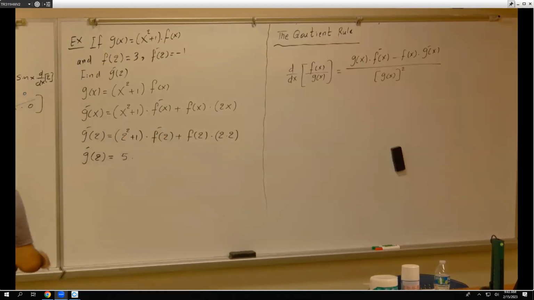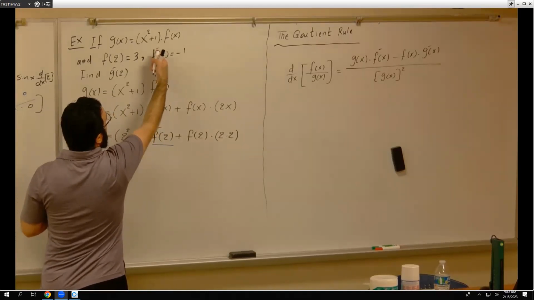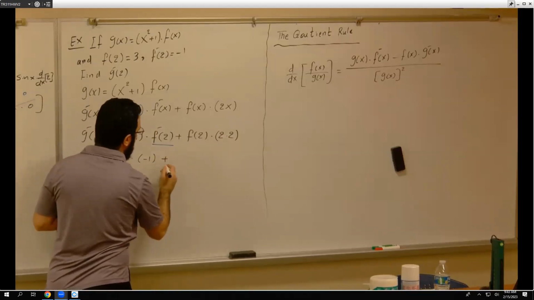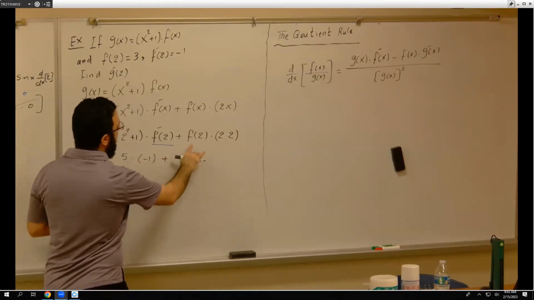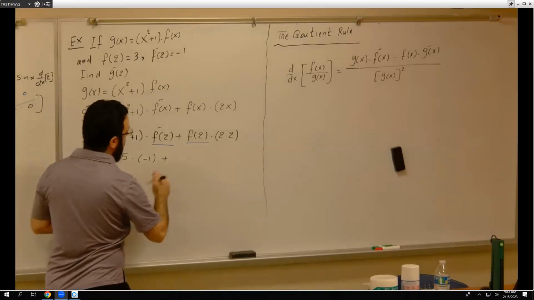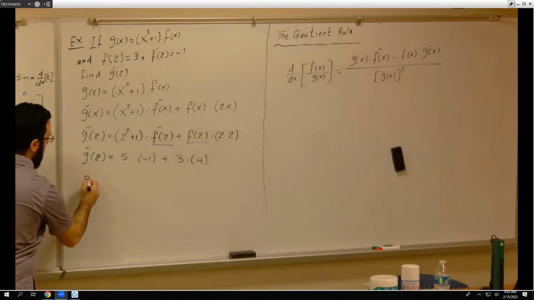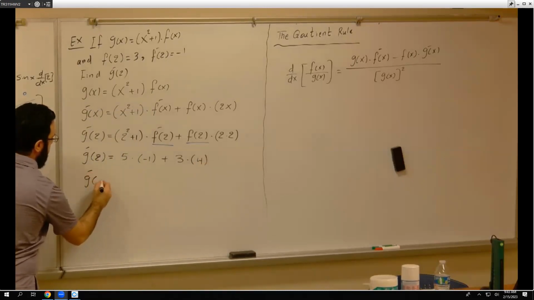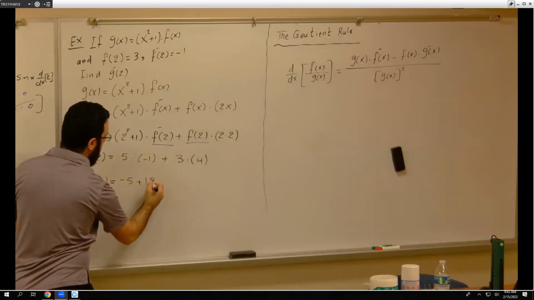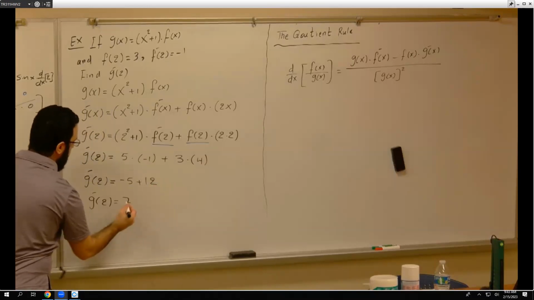F prime of 2 is already given: f prime of 2 equals -1. That means this one is times -1. Plus f of 2, and f of 2 equals 3. So it's going to be 3 times 2 times 2, which is 12. That means g prime of 2 is going to be equal to -5 plus 12. G prime of 2 is going to be equal to 7.